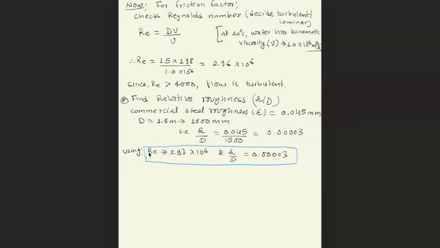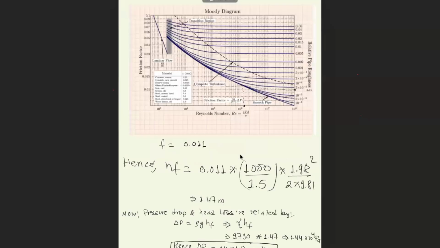Using the Reynolds number and relative roughness, we can use the Moody diagram to find the friction factor. The relative roughness falls under this line, whereas the Reynolds number falls here. When we draw a line up to here, we can consider the friction factor as 0.011.